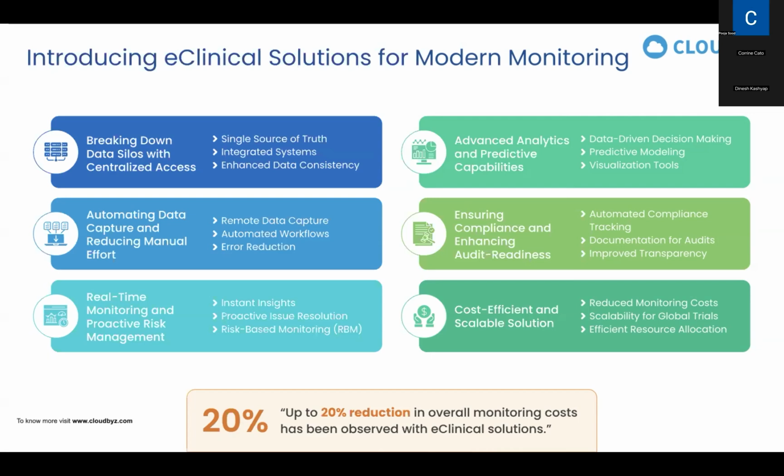Sometimes they can even decide whether on-site monitoring is needed, or centralized remote monitoring is sufficient to address those needs. But the fact is that those decisions can be driven much earlier, much more proactively, rather than being reactive.